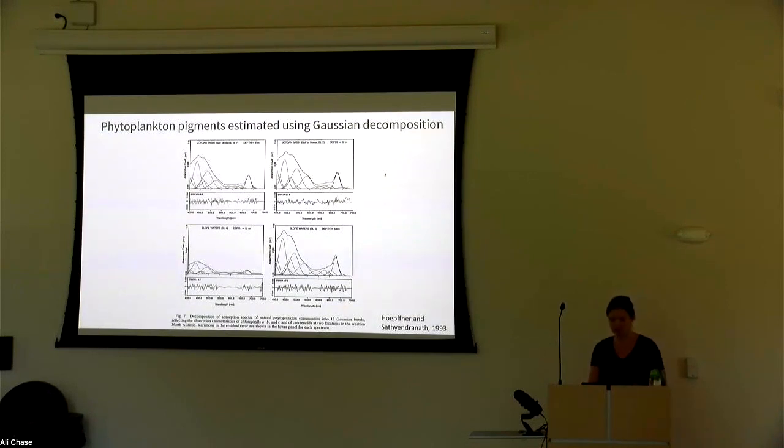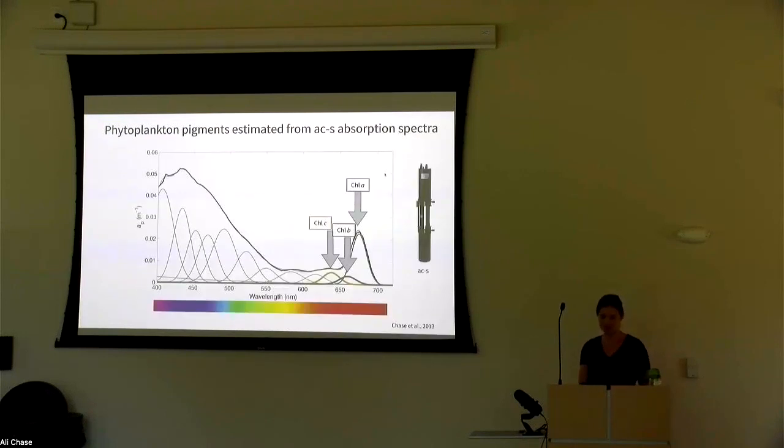So we adapted this method to the ACS using particulate absorption. One adaptation was to add a curve for non-algal particles or non-pigmented particles, because the ACS particulate absorption spectra include all particles, whereas with the benchtop spectrophotometer, you can get at just the phytoplankton absorption. So we included the NAP signal, and we also did some other work to account for some smoothing that happens within the ACS.